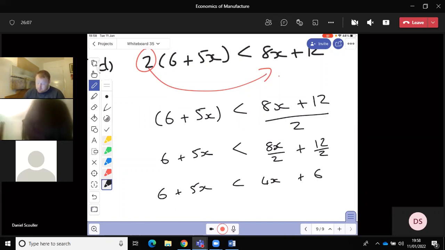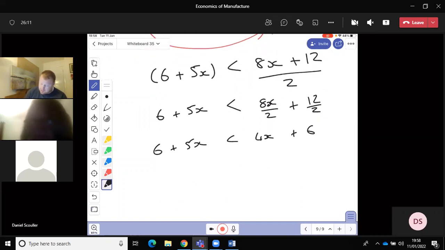So moving that x over to the left-hand side, moving the whole number over to the right, we've got 5x minus 4x less than 6. When we move that across, it becomes negative.